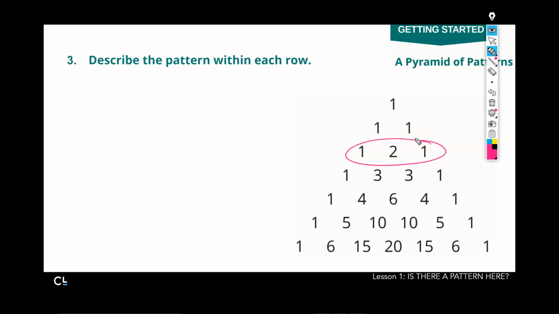You've got 2 in the middle and 1's on the outside. Here I've got 2 3's in the middle and 1's on the outside. Here I've got 6 in the middle. Then as we work our way out, we have a 4 and we have a 1. They are symmetrical. And you can see the same thing as it continues.